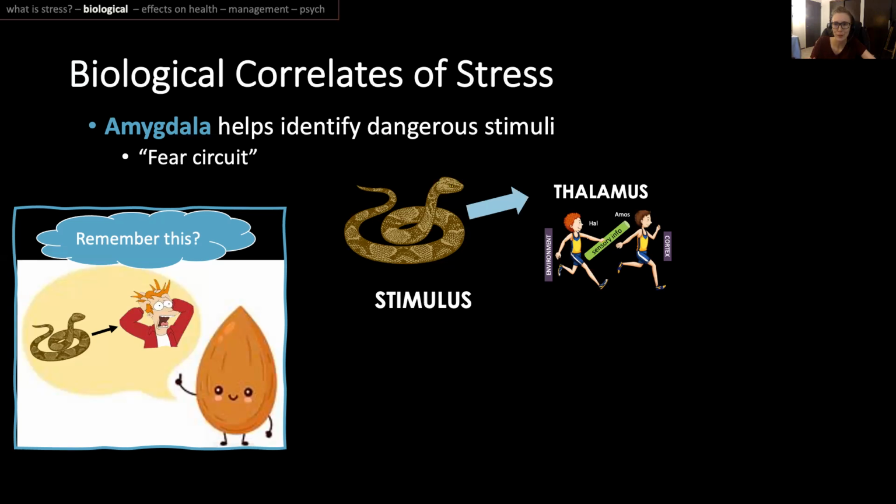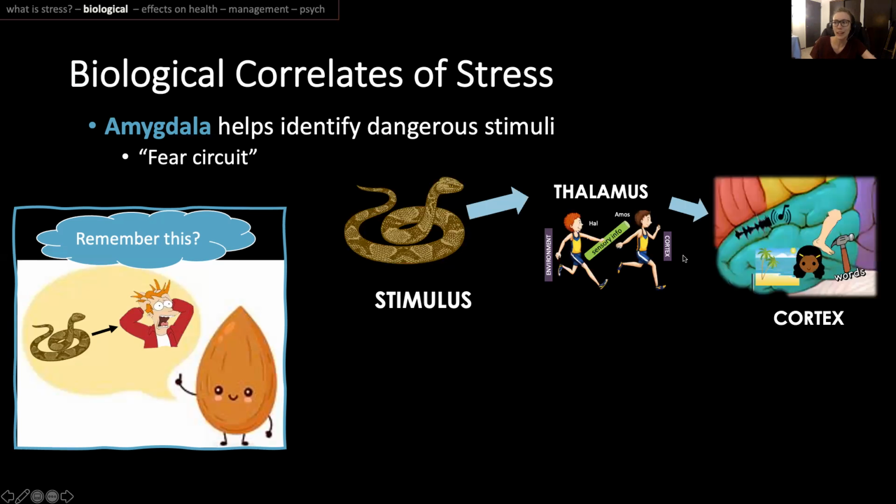If you remember from sensation and perception, that visual stimulus is going to go through our eyeball, and it's going to be projected towards the back of the brain, but on the way to the back of the brain, we're going to pass through the thalamus. If you remember, the thalamus is that relay station from the environment to the cortex. So what it does is it brings the stimulus from the environment to the cortex, right?